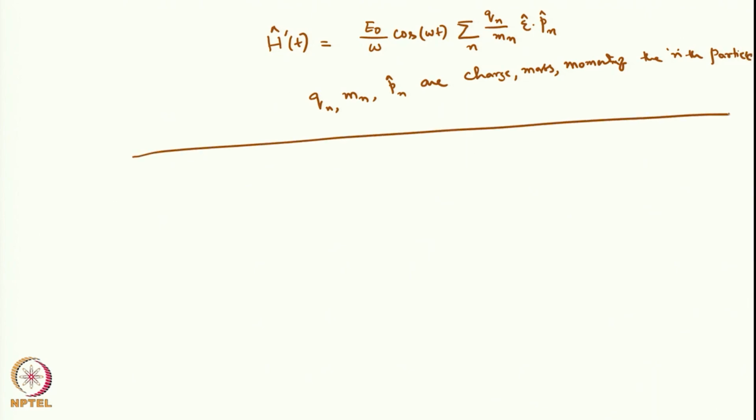Now, if you go back to the coefficient or the probability, P of t, that is the probability of f, it is equal to 1 over h bar square, modulus of the integral from 0 to t prime of e to the power of minus i omega_if t, integral f H prime of t i dt, modulus square.